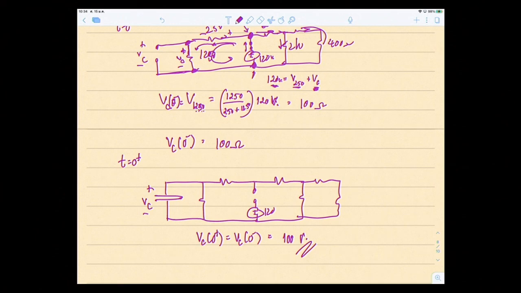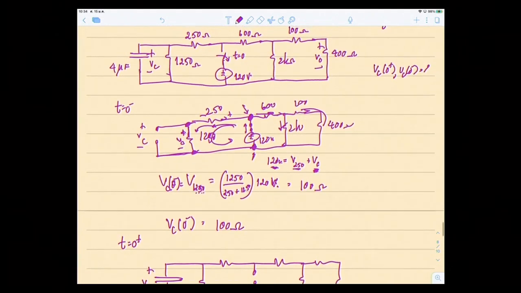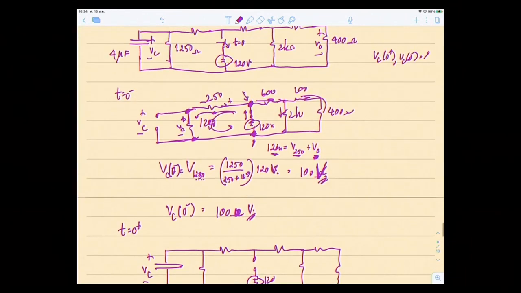See? Okay, so that's an example. And this is also an example for you to find out the initial value. Oops, I said volt here. What is the initial value for the voltage across a capacitor? I wrote it wrong.